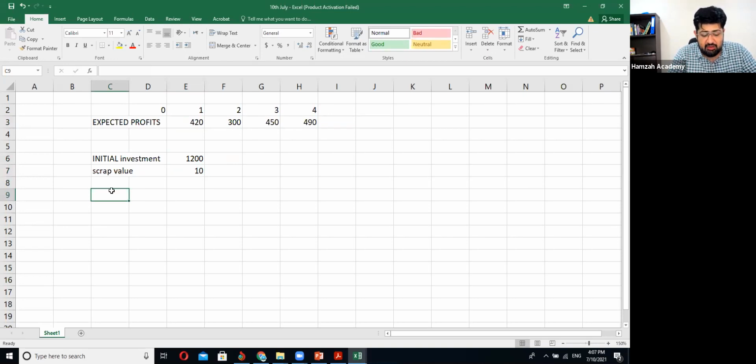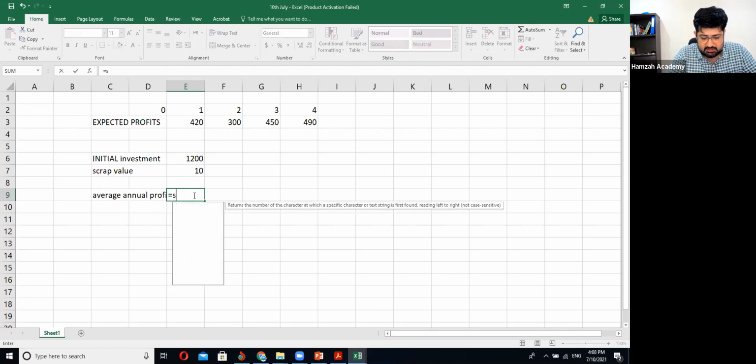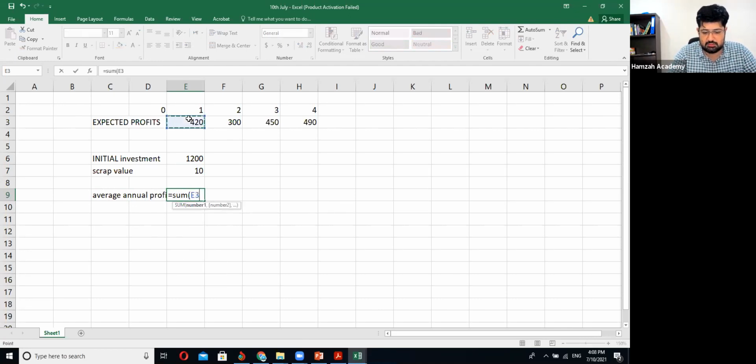Now, average annual profit, the formula is the sum of the profits divided by number of years. Sum of all divided by number of years.